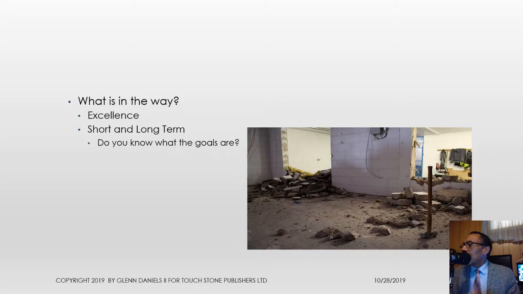What can you do? Okay, short-term and long-term goals. What's in the way of your accomplishing your short-term and your long-term goals? By the way, do you know what your goals are? Do you know what your goals are? In other words, do you know what your KPIs are, your key performance indicators? Do you know how your boss or how your stockholders or how your contributors gauge that you're doing a great job?